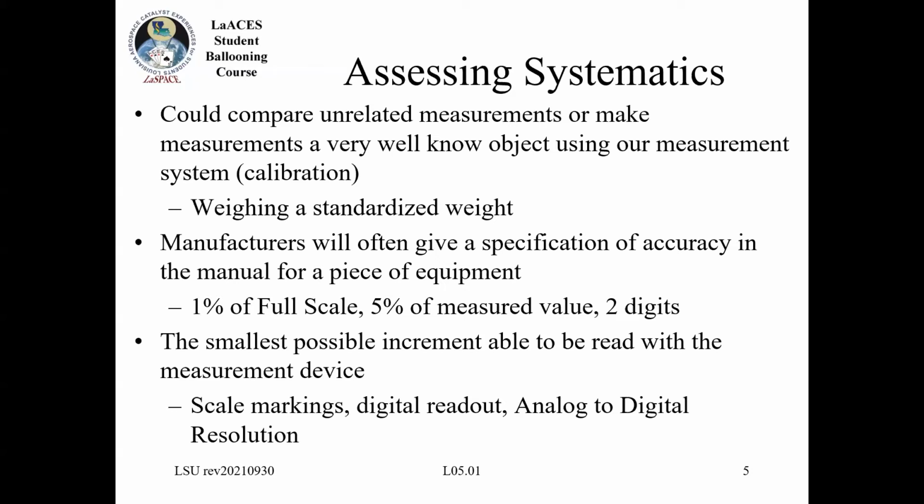So the other possible way to look, if you don't have those specifications, is at least what the minimum accuracy you can read with the device. So on a ruler, the smallest marking that I can see is sort of the smallest accuracy I can claim. If it's a digital meter, I can only read out to whatever the smallest digit is.